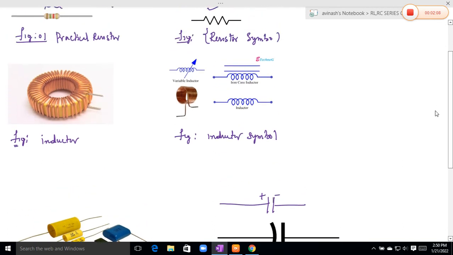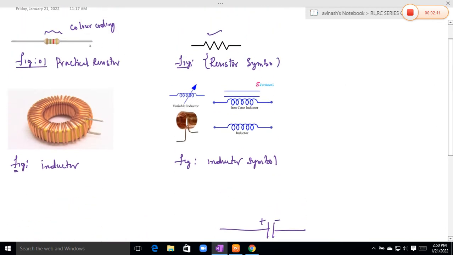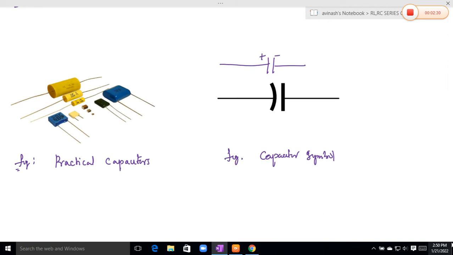Now coming to this, let us discuss the point 1, resistance.